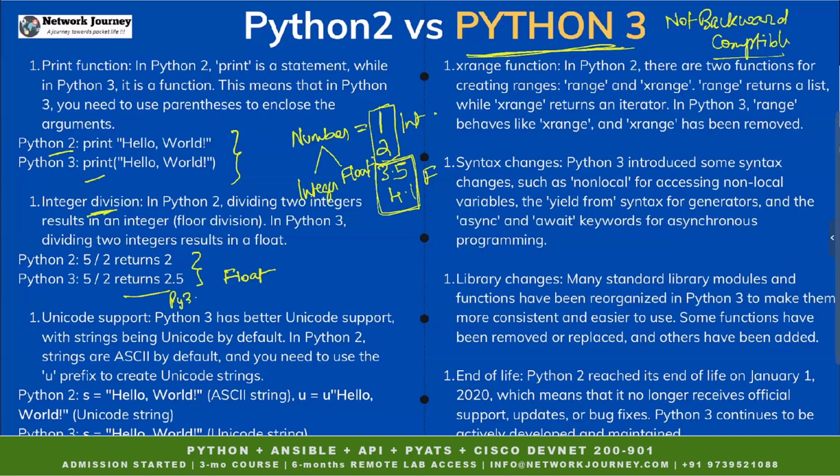Then there was something called Unicode support. In the time of Python 2, most things were done in English. English characters are basically 1 byte of data, which covers A to Z in uppercase, and 0 to 9. This used to be the limit, which is almost 128 units.